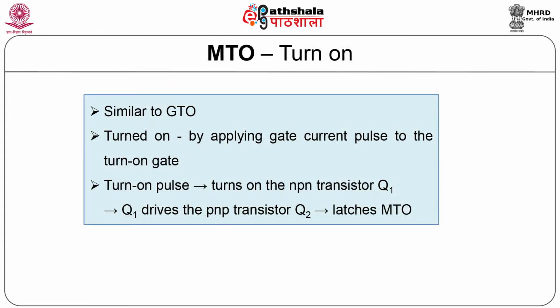Its turn on is similar to GTO. By applying a gate current pulse to the turn on gate like GTO, we can turn on the device. The turn on pulse will trigger Q1, that is the NPN transistor, which further drives the PNP transistor, latching the MTO.